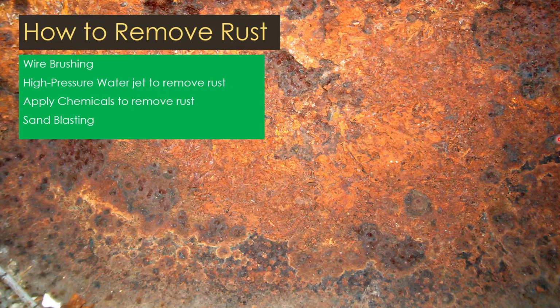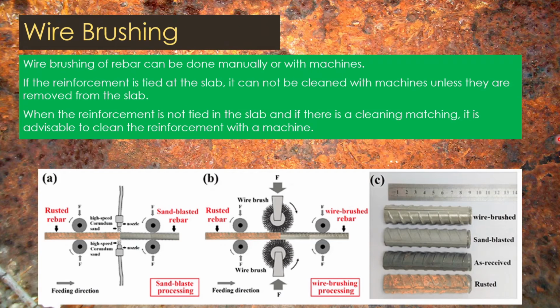Wire brushing is the most common and simplest method we use in removing rust. We can use wire brushes to manually clean the rebar or any kind of metal.